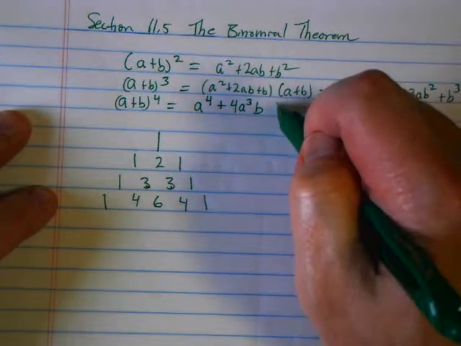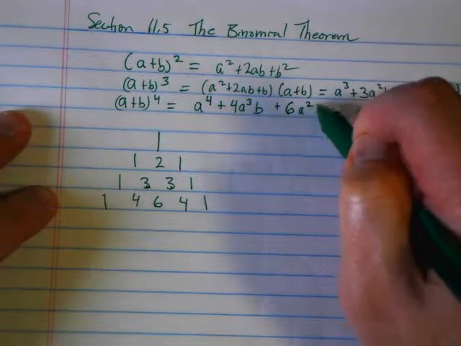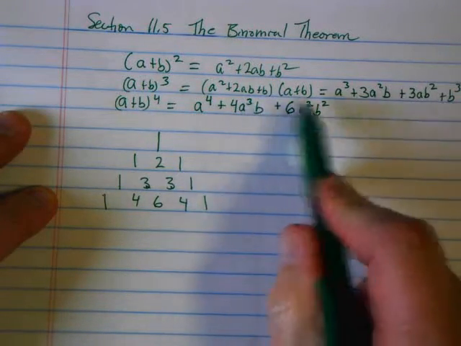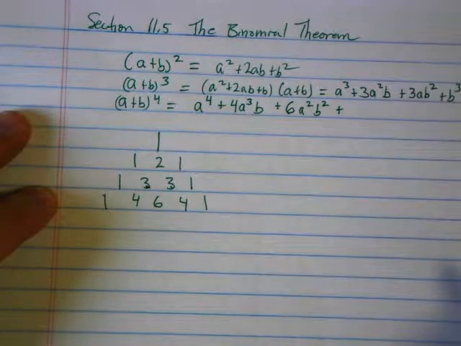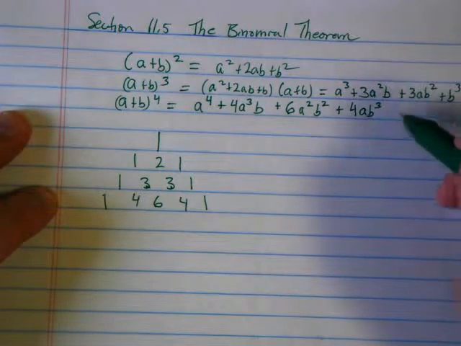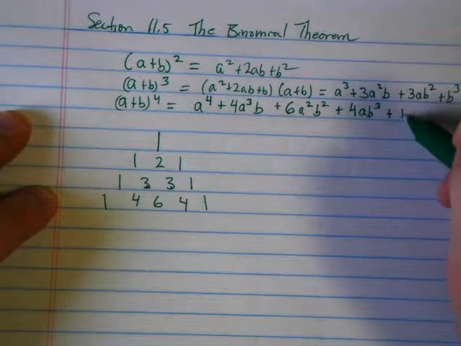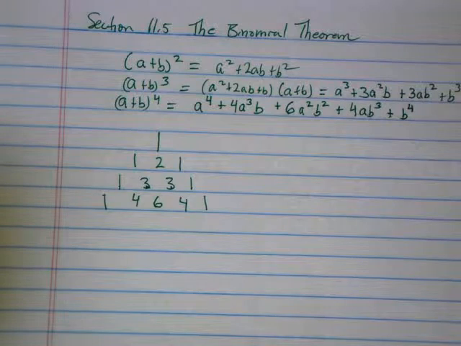Plus, the next one is 6a squared b squared. Again, the power on the a goes down, the power on the b goes up. Plus 4ab cubed. And then finally plus, not b cubed, b to the 4th. Power on the b goes up.